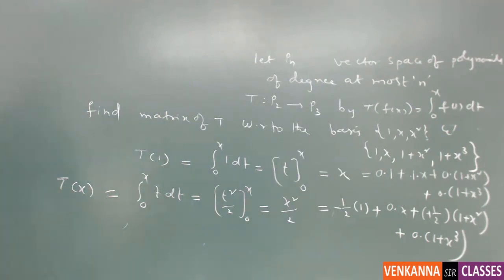Please check on the linear combination, how it is written. The image x square by 2 is written using the codomain values 1, x, 1 plus x square and 1 plus x cube. Any doubts in writing that linear combination to anyone? Are you clear with it?